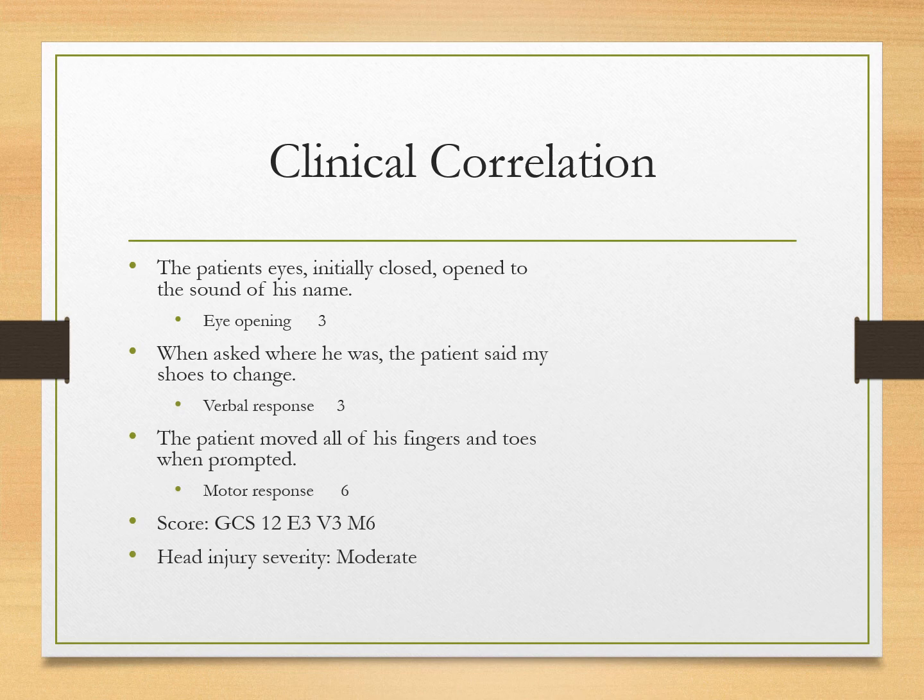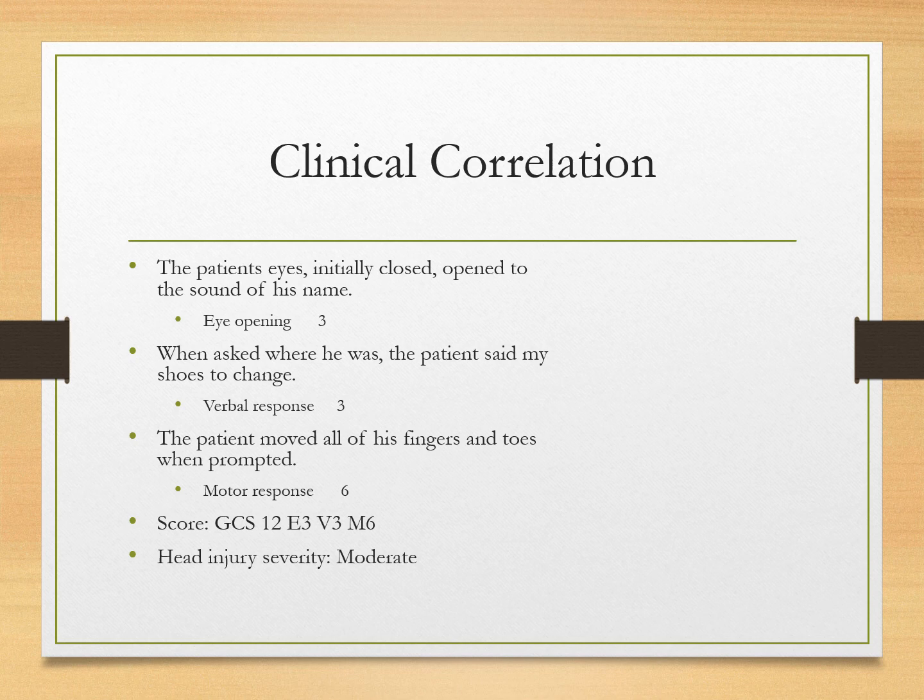Since his eyes open to the sound of his name, he gets an eye-opening score of 3. Since he said inappropriate words, but they were words that were formed, he gets a verbal response of 3. He did move all of his fingers when he was prompted, so he gets a motor response of 6.